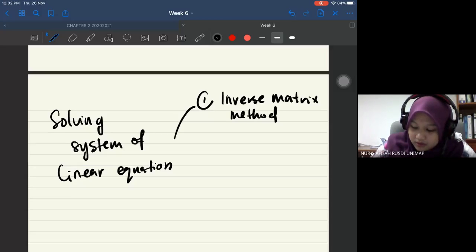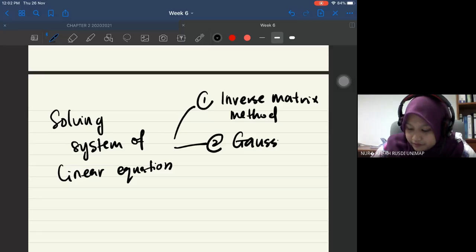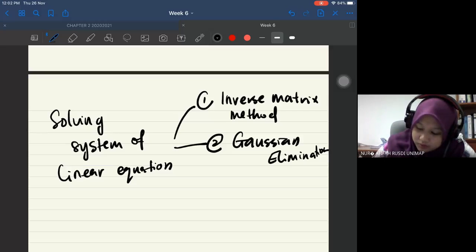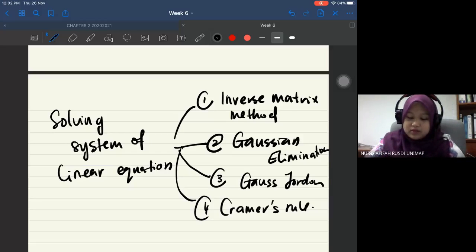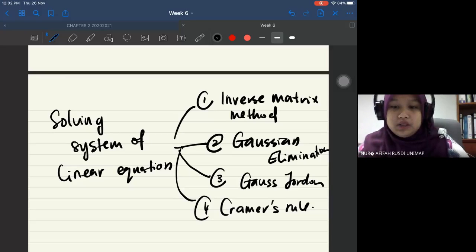Yang kedua, kita akan guna kaedah Gaussian elimination. Kita juga boleh guna kaedah Gauss-Jordan. And the last one is by using Cramer's rule. Okay, so basically there are 4 methods in solving system of linear equation.